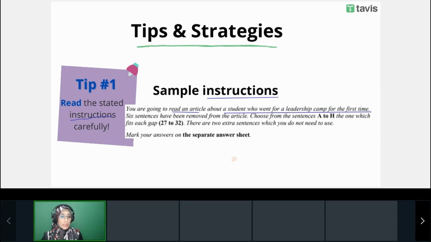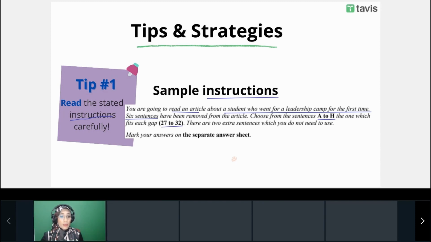And you can see the next one says 6 sentences have been removed. So I mentioned before, right? You need to fill in sentences. So there will be 6 sentences removed from the article, and you are to choose from A to H. So these are your answer options, A to H, for filling in the gaps for questions 27 to 32.